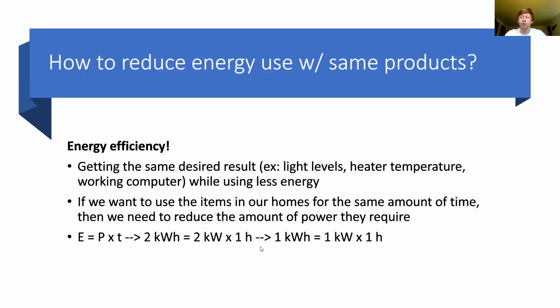And the energy efficiency measure here is using a light bulb that just requires 1 kilowatt. So by making that switch, we can reduce our energy usage from 2 kilowatt hours down to 1 kilowatt hour by using a light bulb that uses only 1 kilowatt, but using it for the same amount of time.